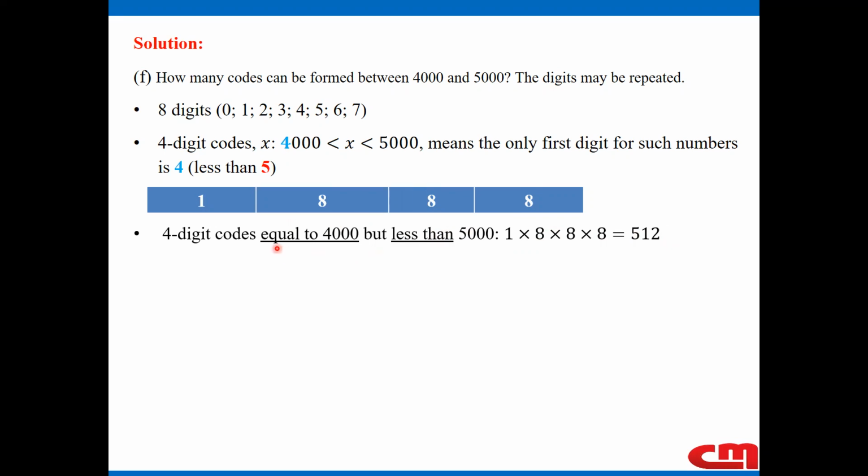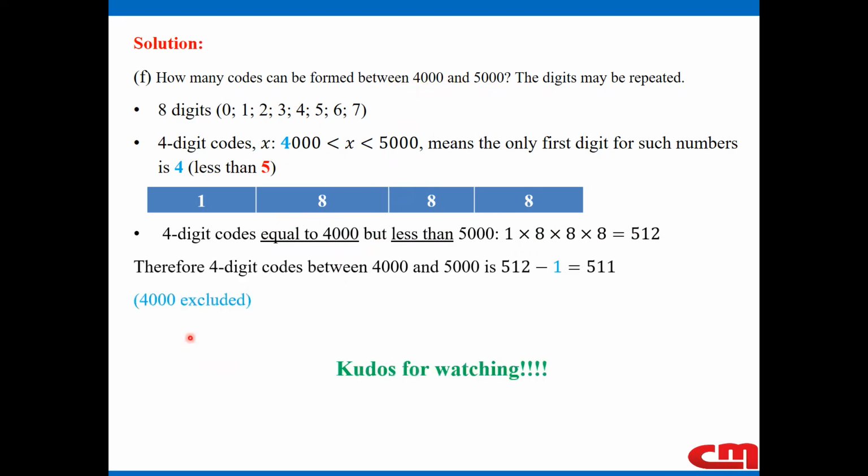But remember, that includes 4,000, and we need between 4,000 and 5,000, right? Therefore, the 4-digit codes between 4,000 and 5,000 are 512, which we have seen including the 4,000, minus 1, so we get 511.